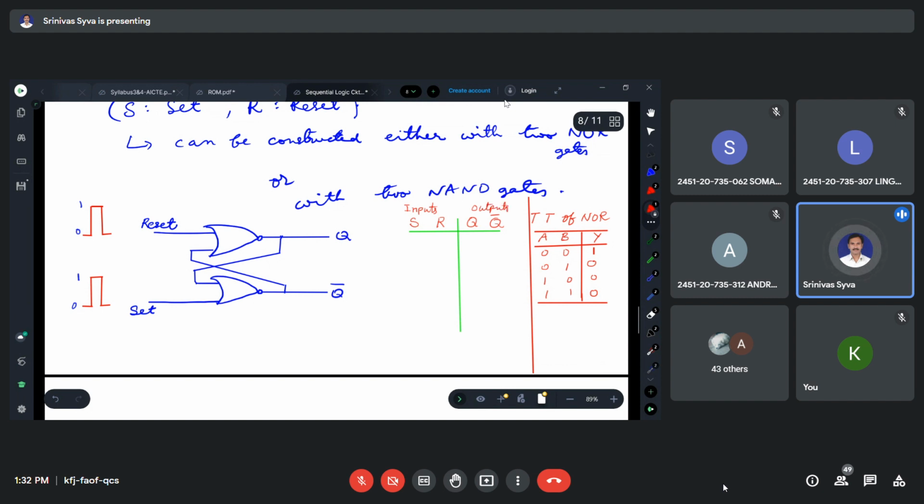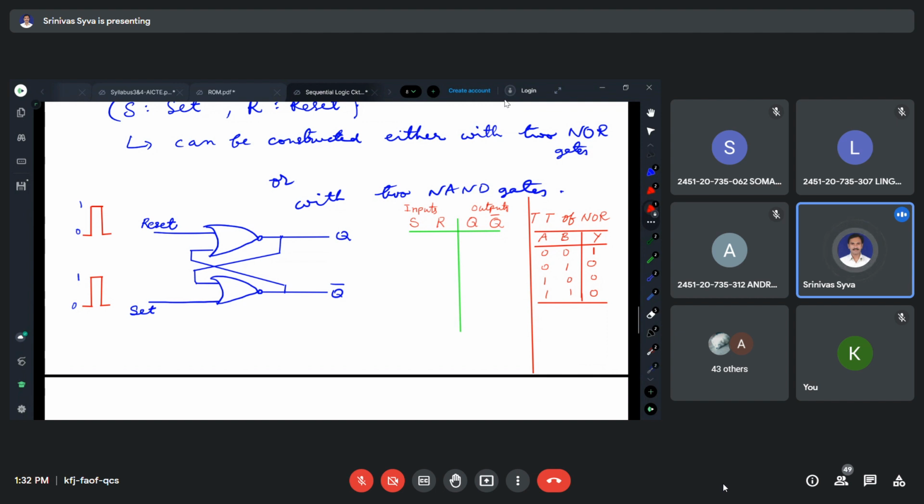So output is available in the normal form Q, or it is available in the complement form. Okay, right. So each reset input or set input can take the logic 0 as input or logic 1 as input.